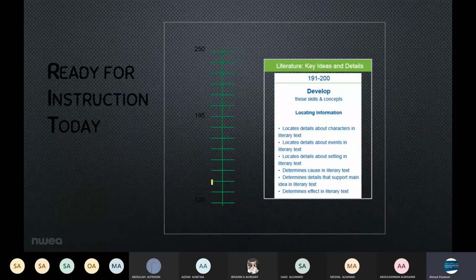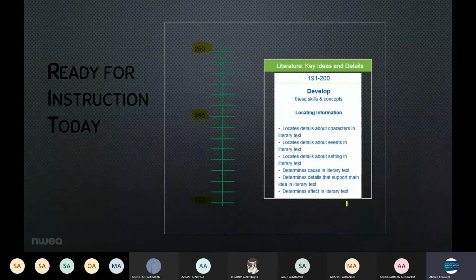For example, here the level of the literature one is from 120 until 250. That's the range. Let's imagine that a student got an average of 199. Of course, the literature test covers a lot of things, as we discussed yesterday: the details about the characters and the literary text, the details about the events, the details about the setting, determining the causes in the literary text, and also the details that support main ideas and the effect.